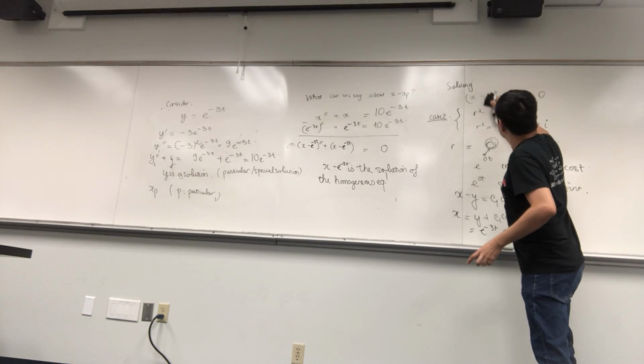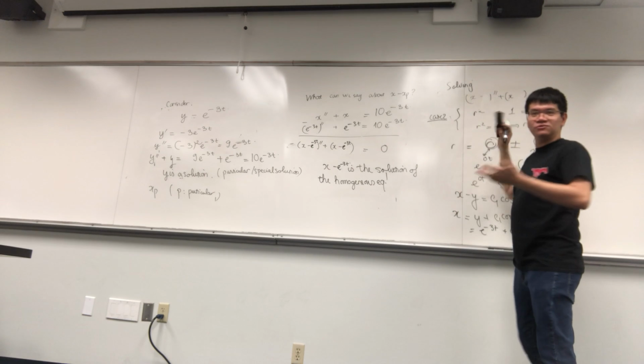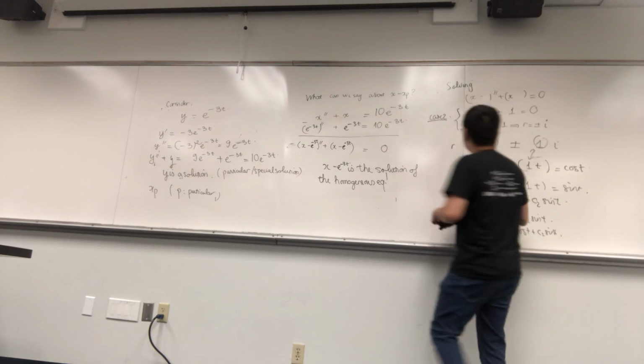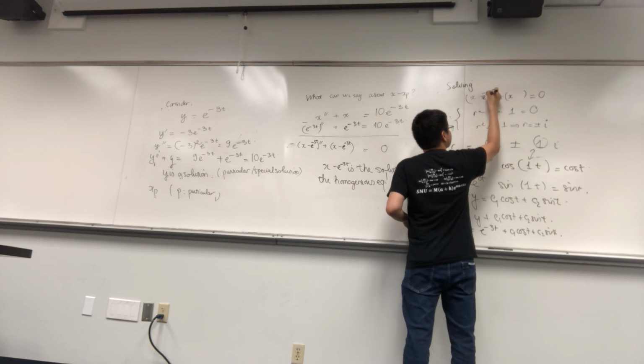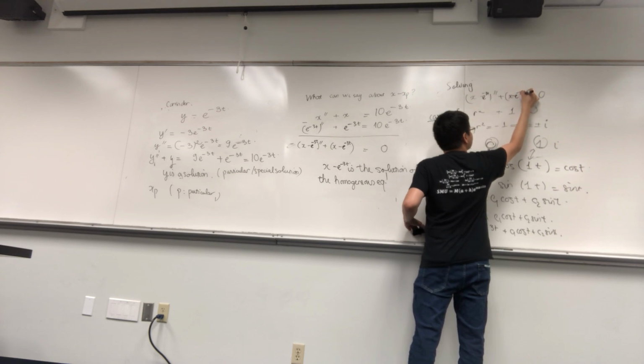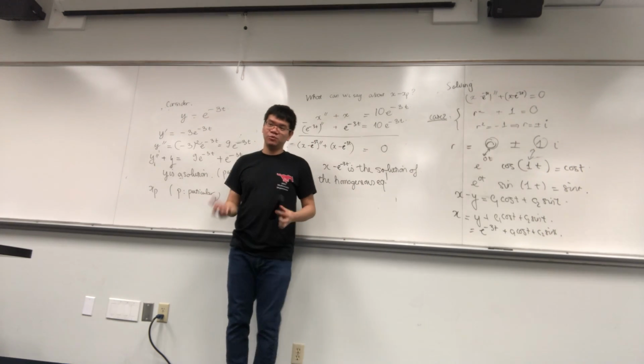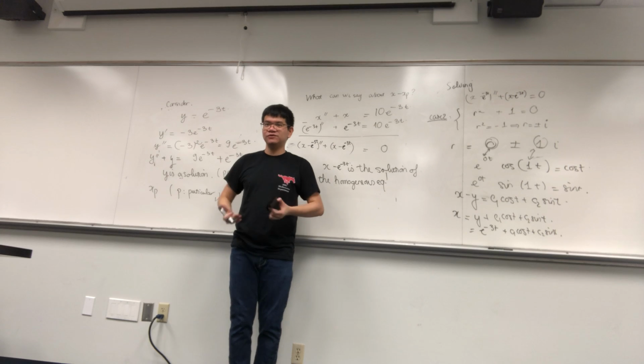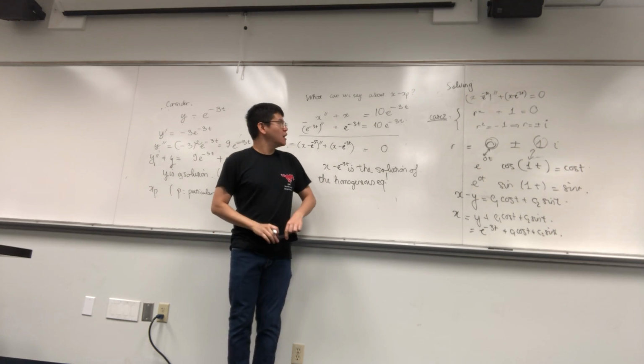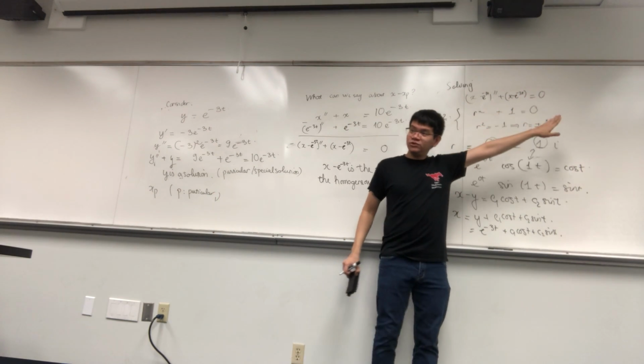Here I don't use y or xp, but in general this is called xp. So x minus exponential of minus 3t is the solution of the homogeneous equation.